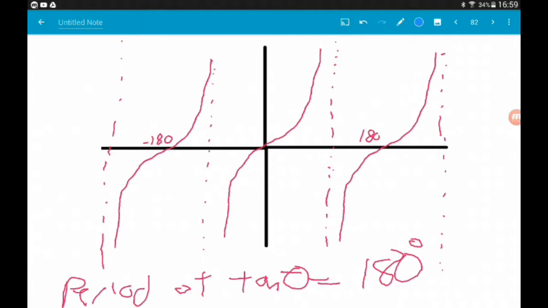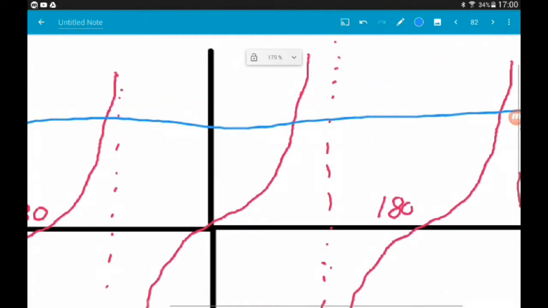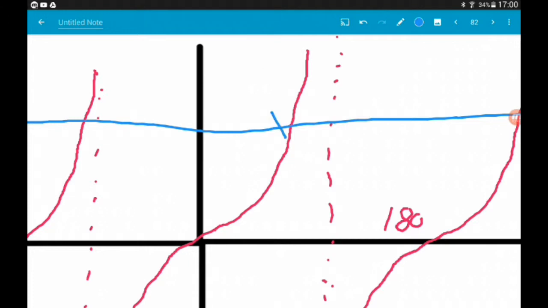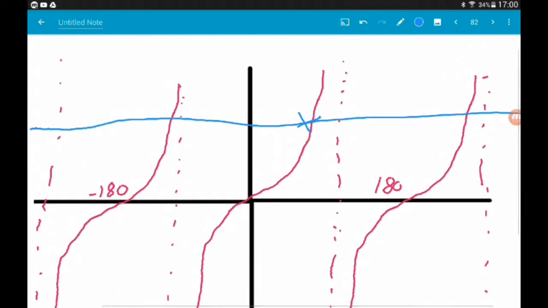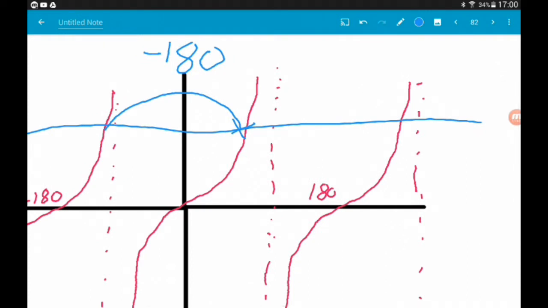Say we were solving tan of theta is equal to some number n. Let's say our calculator would first of all give us this solution. If we wanted to go back to this solution, we would minus 180 degrees, or if we wanted to go forward to this solution, we would add 180 degrees.